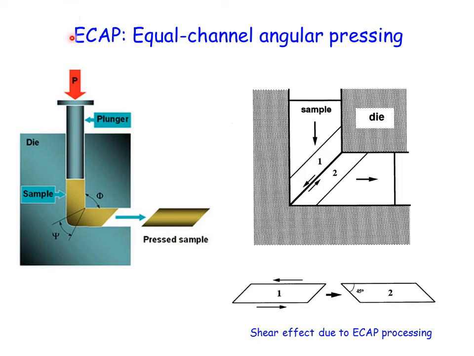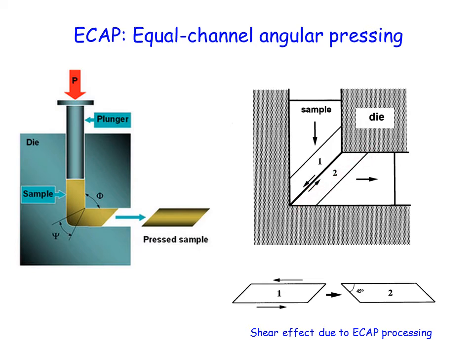In the ECAP method, the sample, when going through the angle while pressed by the plunger, is going to suffer an enormous shear. It is easily seen in this scheme on the right side. You see the sample is having this form when arriving at the angle, and after going through is going to adopt form number 2.